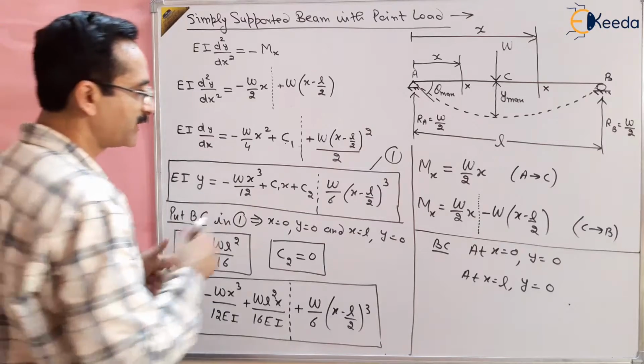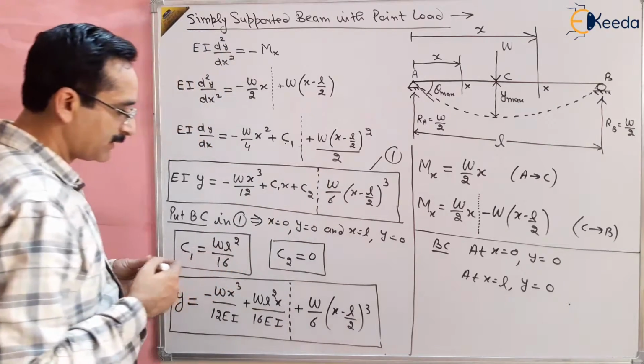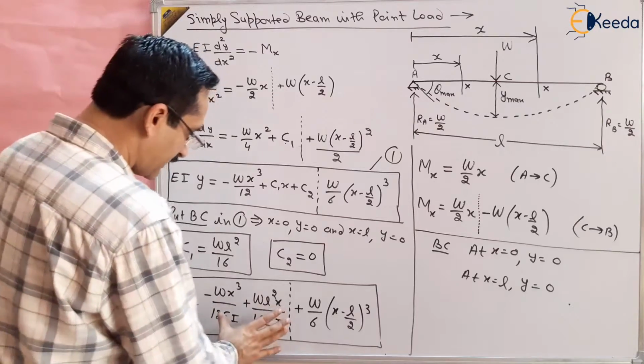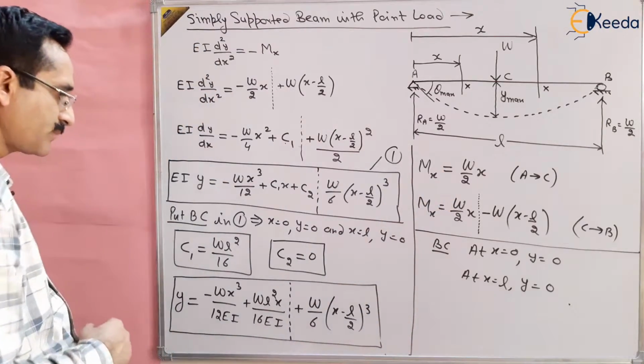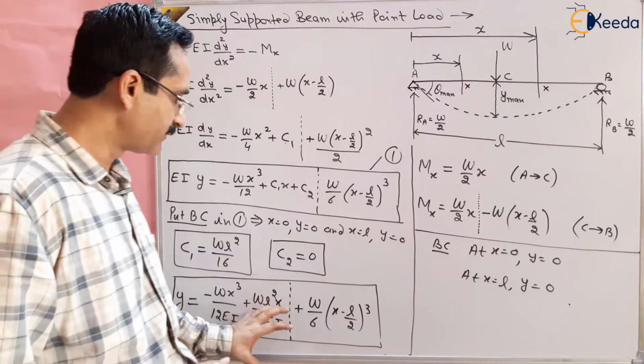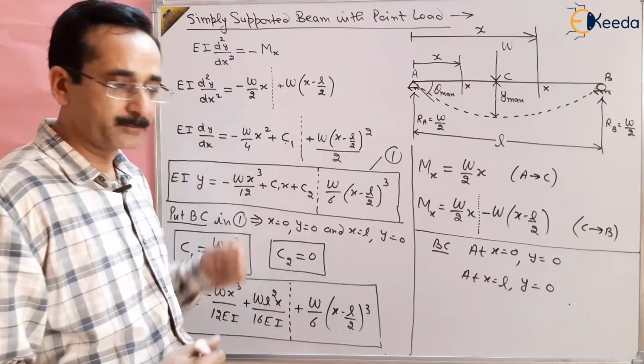So that's why there is a separation here. This part is valid for A to C, the entire part is valid for C to B. So this is the deflection for this beam.